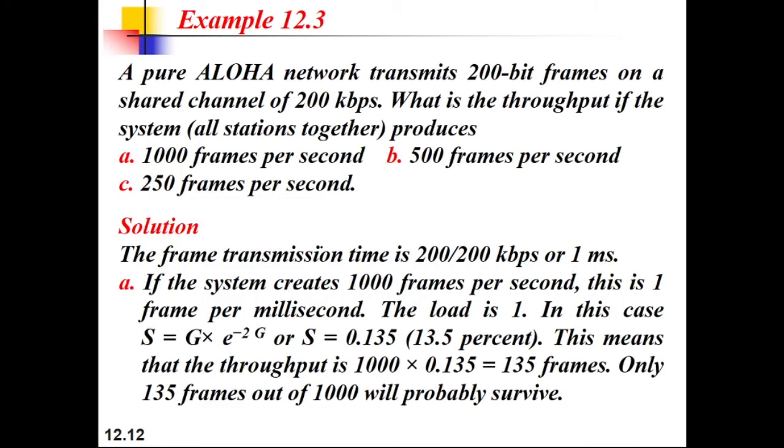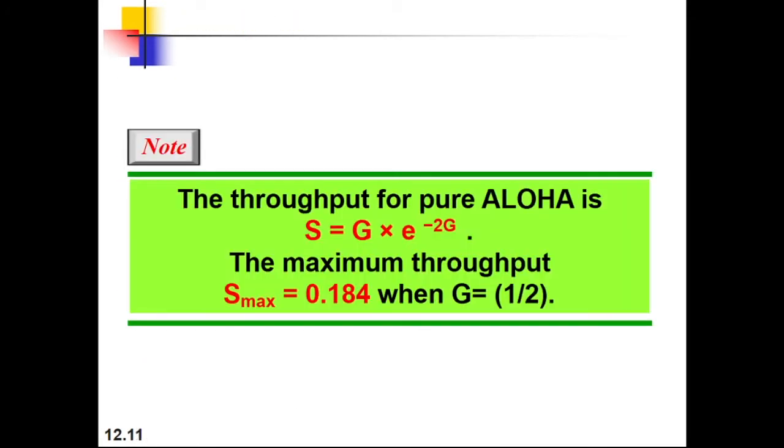So here G is what? Average number of frames generated by the system.